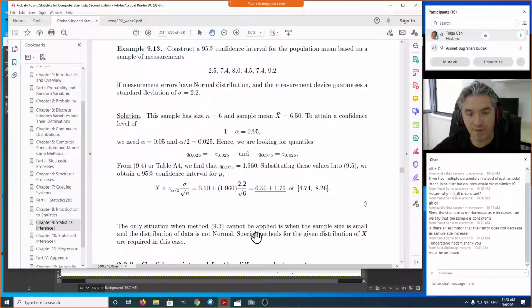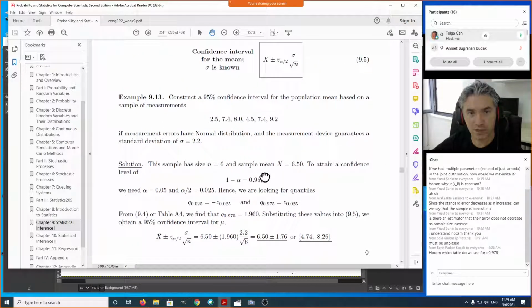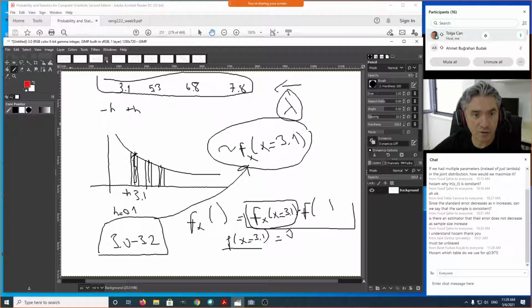Okay, so that's it. When the sample size is small and the distribution of data is not normal, we will not be able to apply this method. We will also not apply the t distribution either. Which table? We use the standard table. So this one is also standard normal. It comes from this slide, let me just show you again.